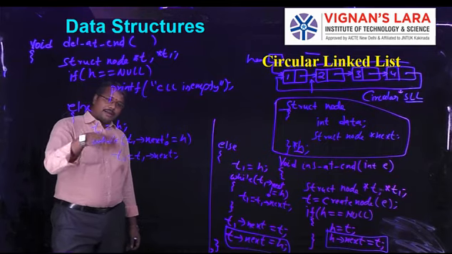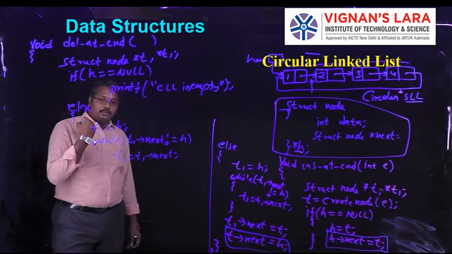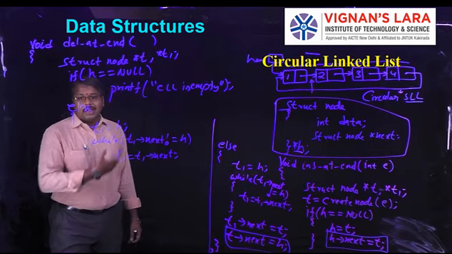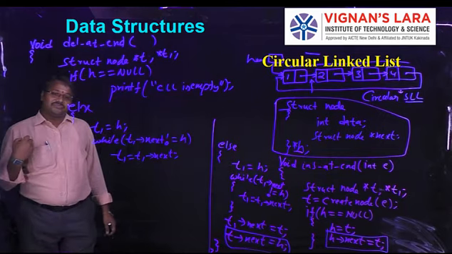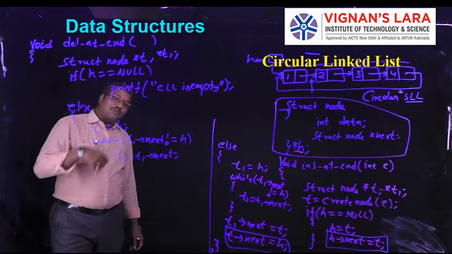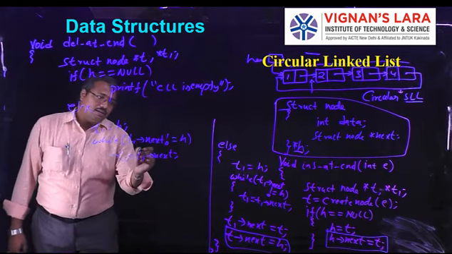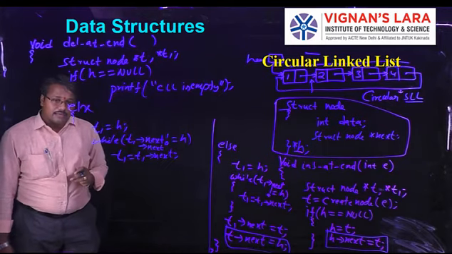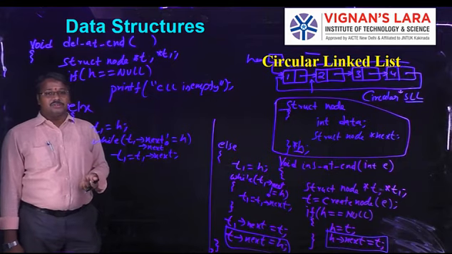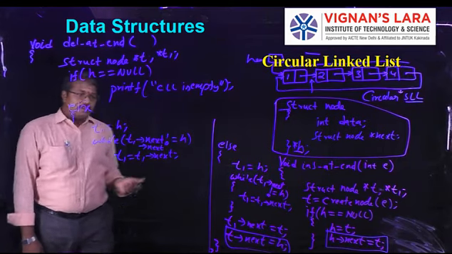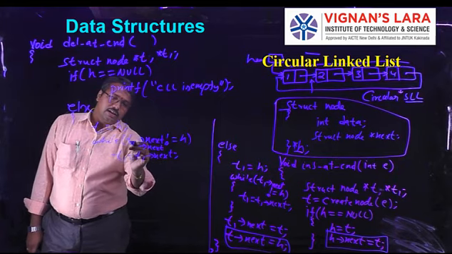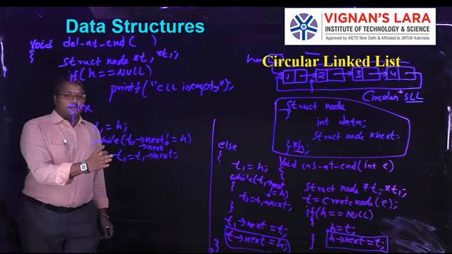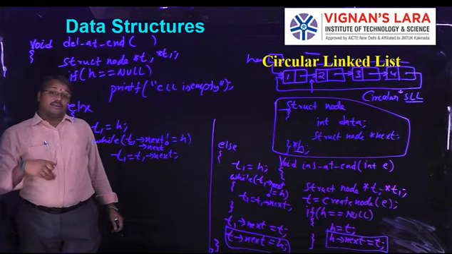When this loop iterates, definitely we are finding the last node address, but we need to find the address of the node before the last node. So here, for finding the node before the last node, we need to do one step checking. That's why a little bit the condition is changed: T1 of next not equal to h. At that time T1 has the address of the node before the last node, and then only we can delete the last node.